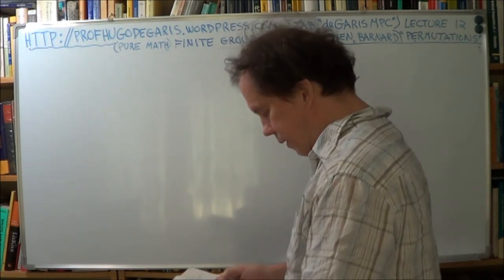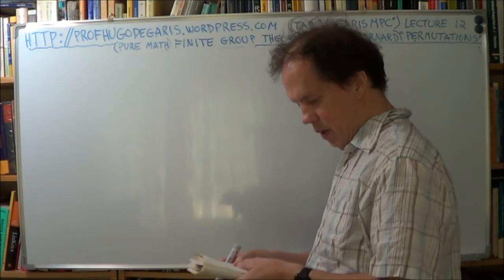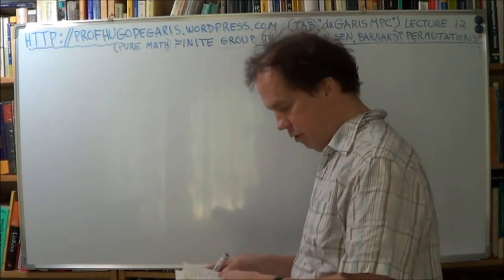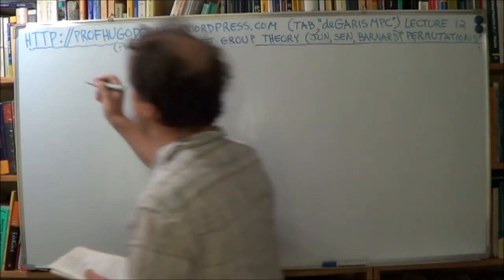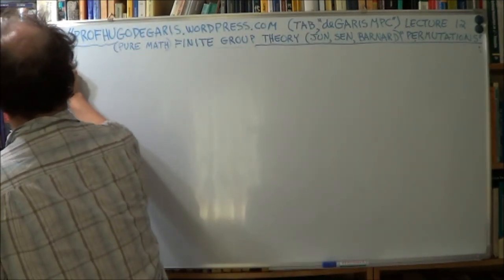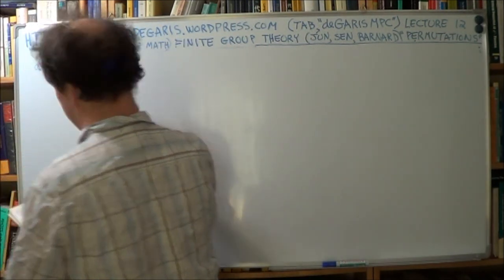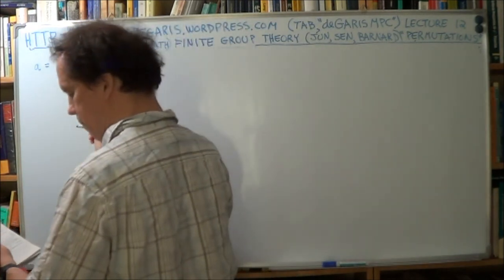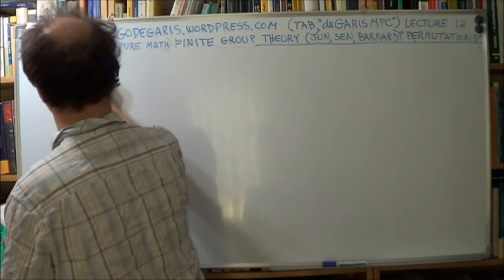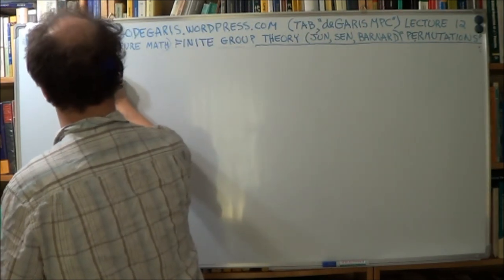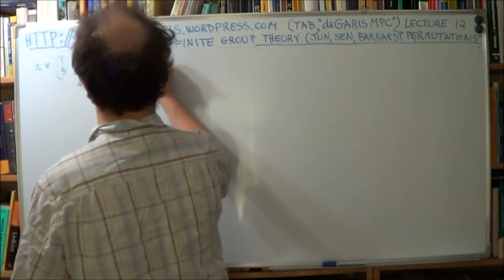Alright, so you're given two permutations of S5, a symmetric group of 5 objects, A and C. So A is 1, 2, 3, 4, 5, and they permute to: 1 goes to 5, 2 goes to 3, 3 goes to 4, 4 goes to 1, and 5 goes to 2.